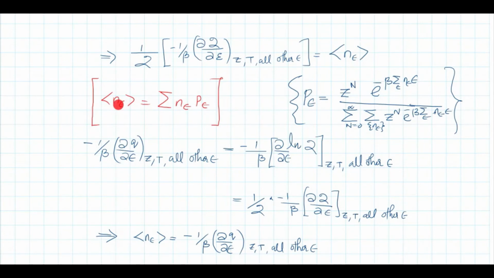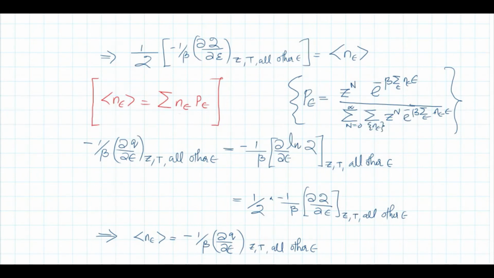We have this definition for the expectation value or mean value, sigma n epsilon into p epsilon, where p epsilon is the probability. In the grand canonical ensemble we have the equation for probability as z raised to n e raised to minus beta capital E divided by the sum over all states of this quantity, and that summation is nothing but the grand partition function theta.